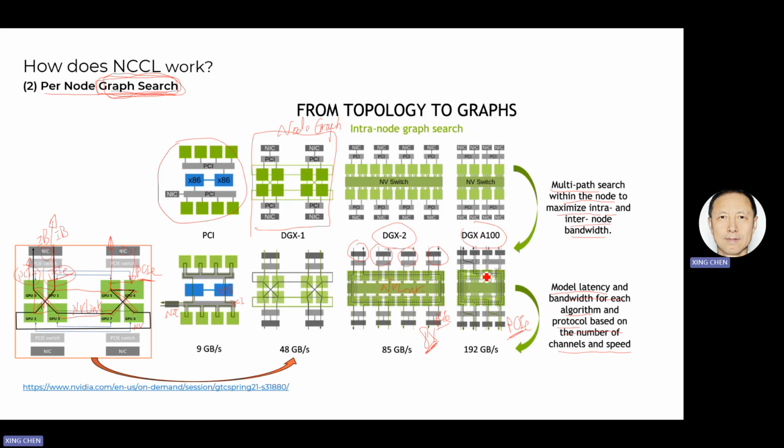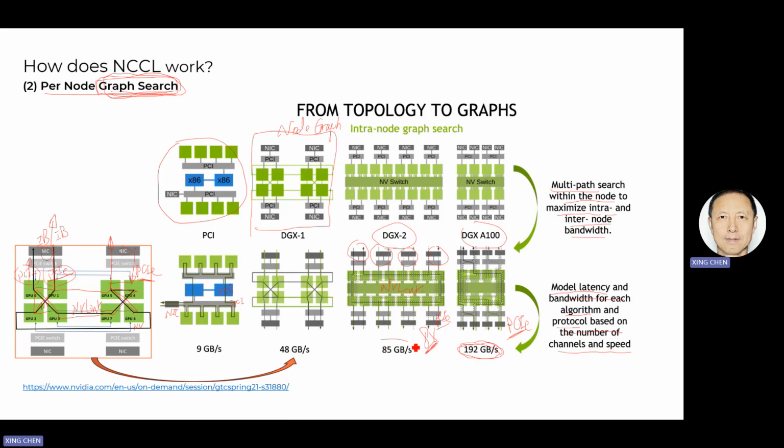And for this technology, you can have this bandwidth, which is the total bandwidth that can be reached by the multiple rings found by this graph search algorithm.